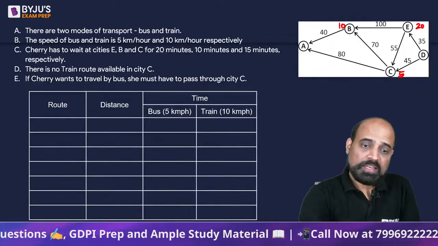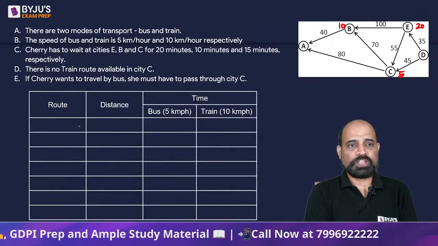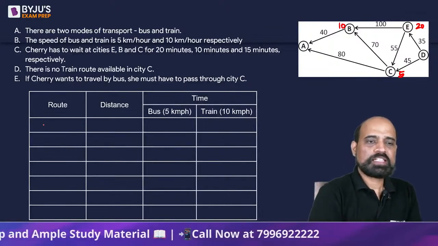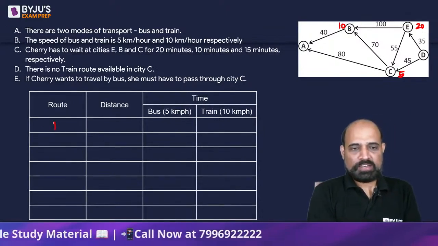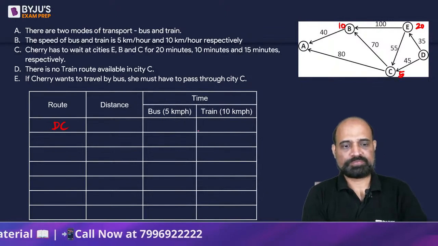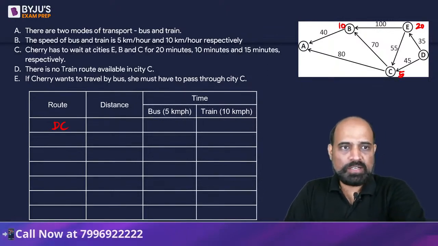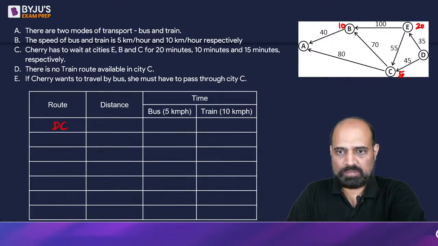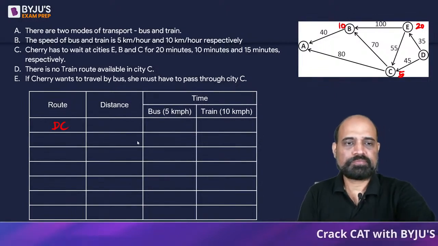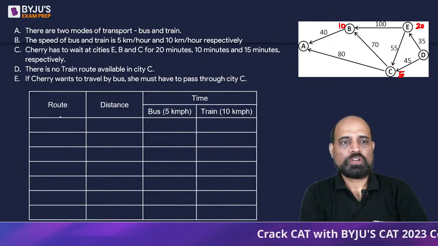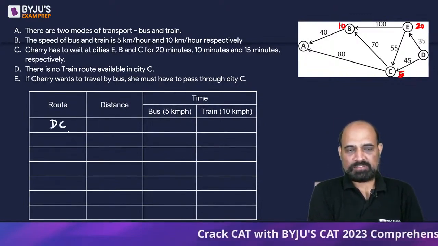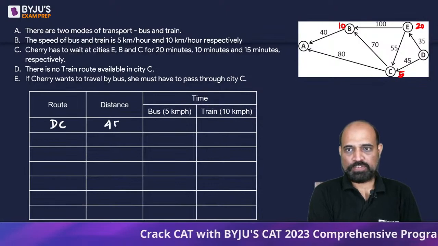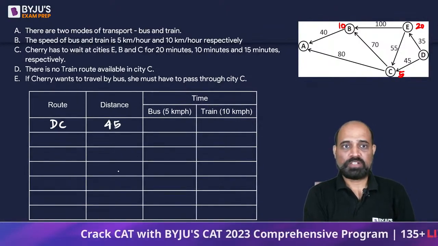Okay. So let's look at the different routes we have. So if we start, we can see that from D, we can go to C, right? So the route being DC, the distance being 45 kilometers.